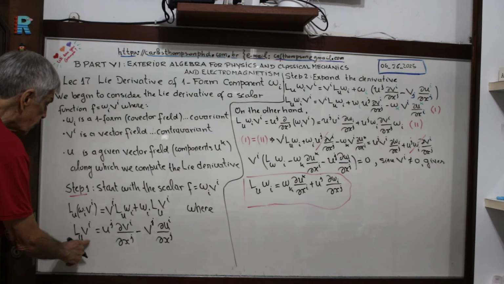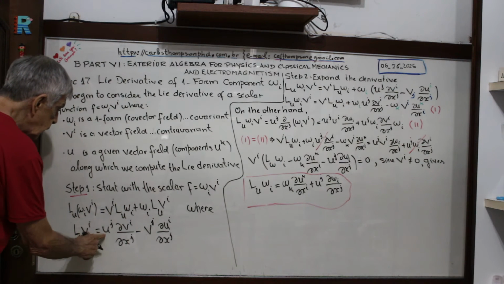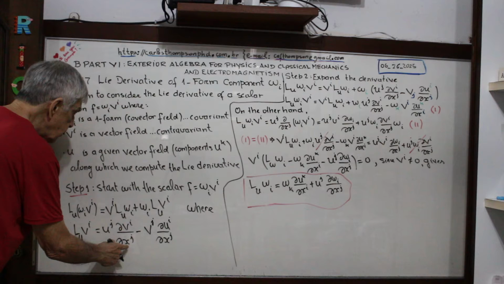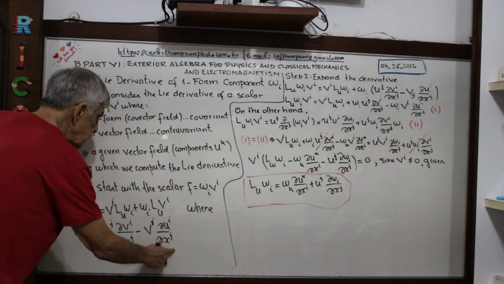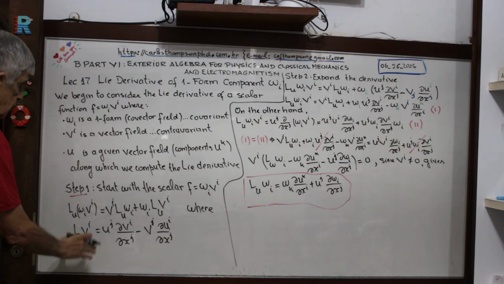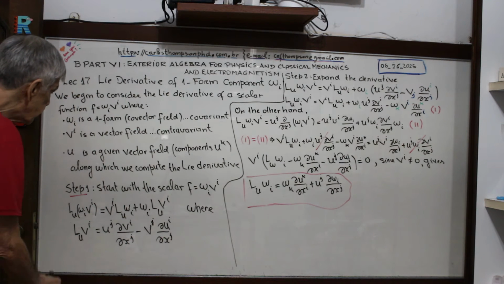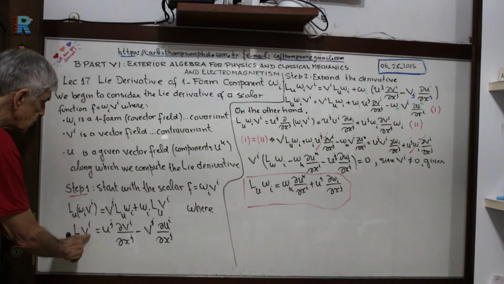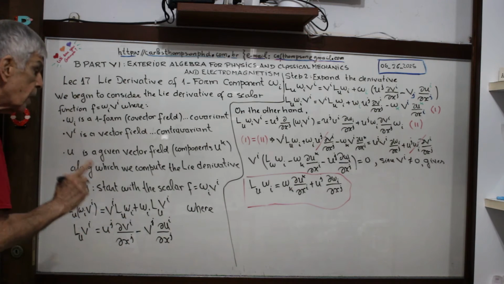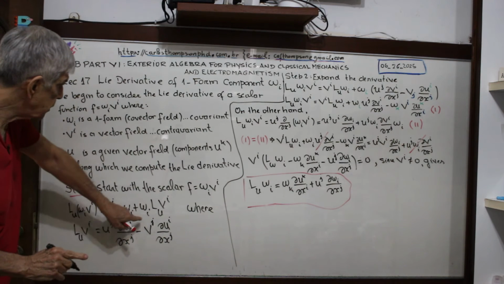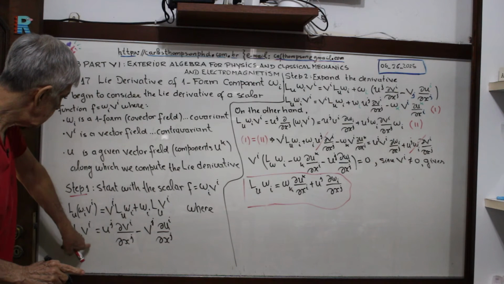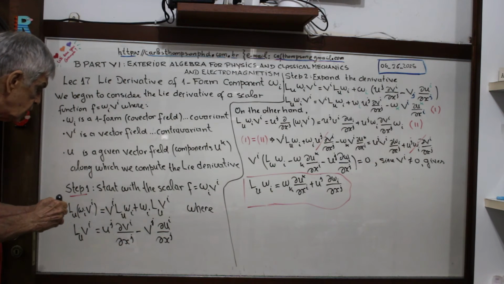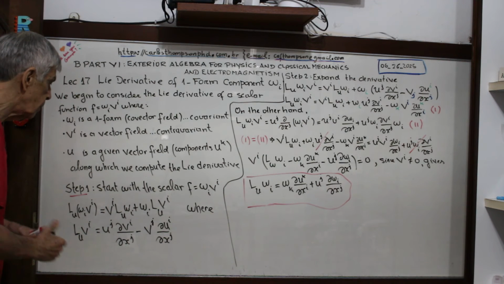The Lie derivative of v^i is u^j partial v^i with respect to x^j minus v^j partial u^i with respect to x^j. So this is a Lie derivative of, in this case, a vector v^i. Omega_i belongs to the cotangent vector space, and v^i belongs to the tangent vector space, it is a vector.